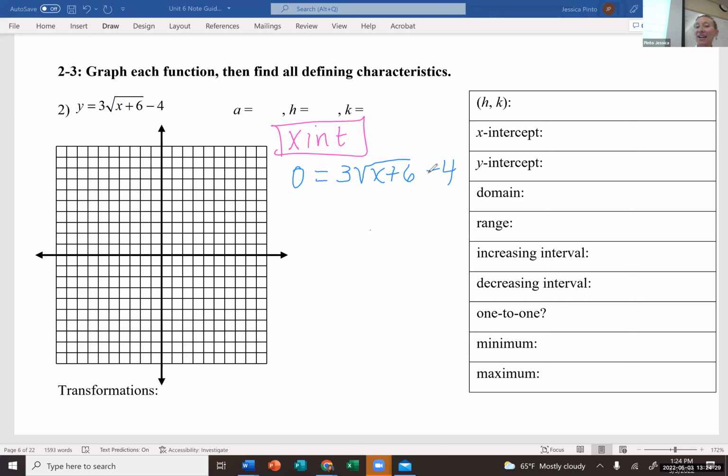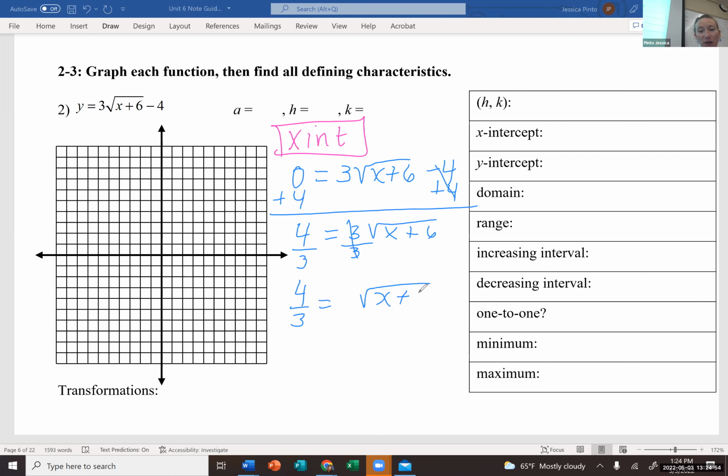We're trying to find the x-intercept, so we're trying to isolate the radical. Oh, so square both sides. Okay, so we actually need to isolate the radical before we square. That is one of the steps. Add 4. Yes. And then we're going to divide by 3. That's correct. Excellent. So we have 4/3 is equal to the square root of x plus 6.